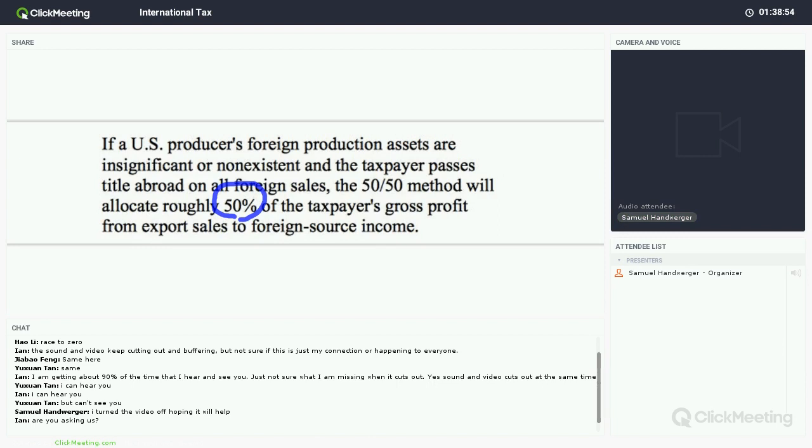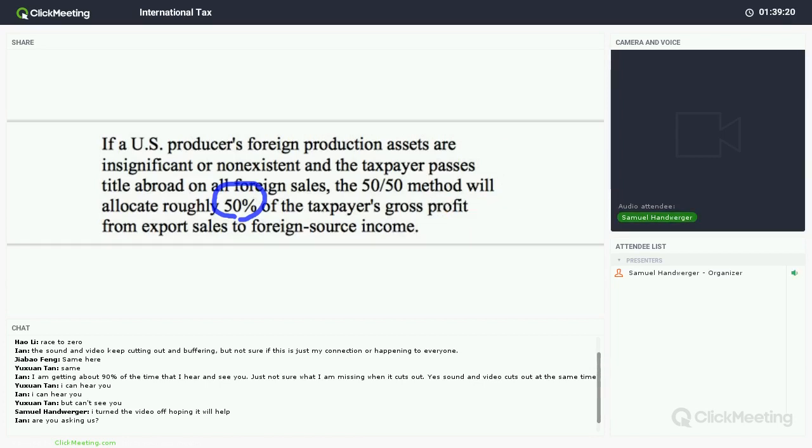Let's figure out why. Again, most of your assets are here in the United States. So in the 50-50 method, the half of the gross profit that belongs to the allocation by asset will all be U.S. source, 100% U.S. source. But that's only 50% of the gross profit.